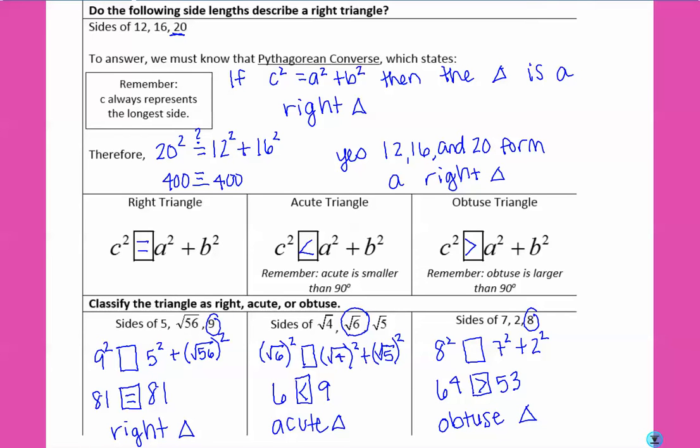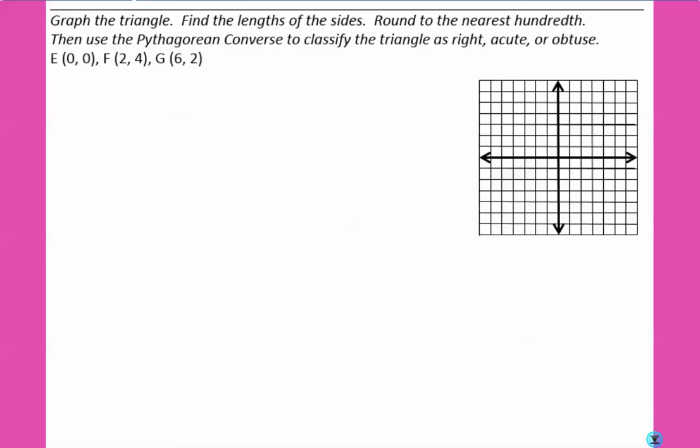For our last example, we're going to use the coordinate plane. So graph the triangle, find the side lengths, round to the nearest hundredth. Then use the Pythagorean converse to classify the triangle as right, acute, or obtuse. So first, let's draw our triangle. Vertex E is at 0, 0.